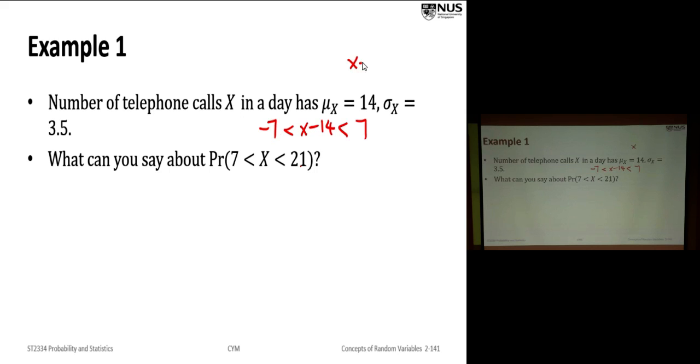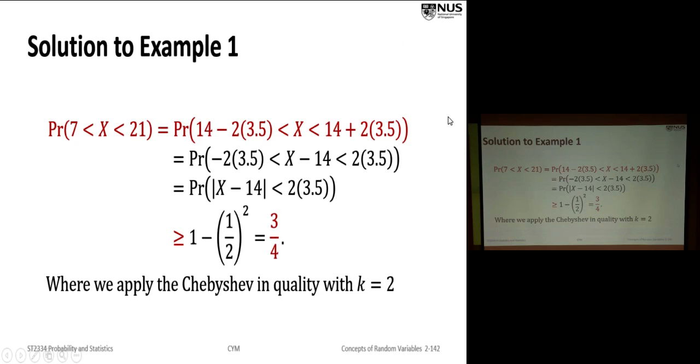So it's equivalent to the absolute value of x minus 14 being less than 7. And 7 is 2 times the standard deviation, so I can choose k equals 2. This is exactly what I want. So it becomes 2 standard deviations on each side, so it's greater or equal to 3/4.